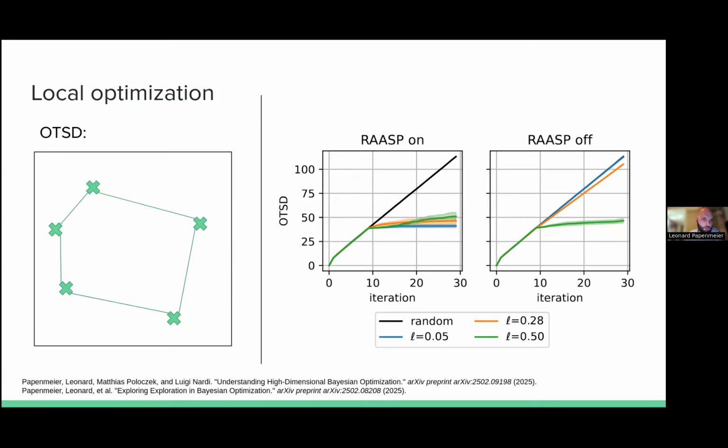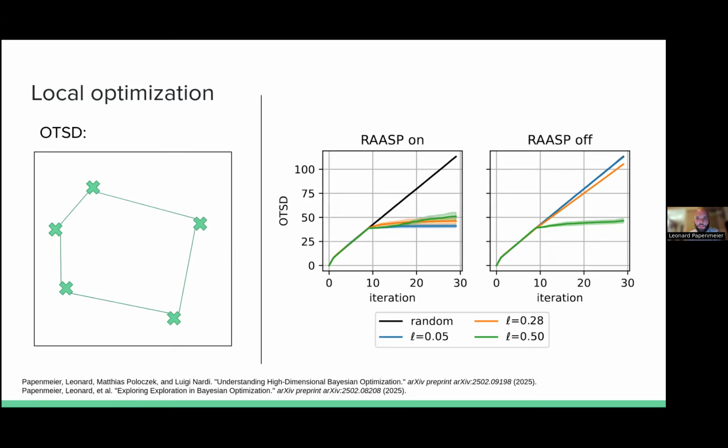So it's just the traveling salesman problem basically, but we use some approximation of it. So this right figure with the 2 panels shows the OTSD for BO loops with local sampling in the left panel and without local sampling in the right panel. And high OTSD values indicate high exploration, low OTSD values indicate little exploration.